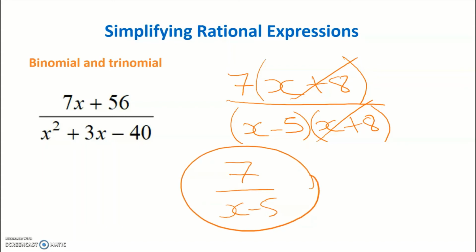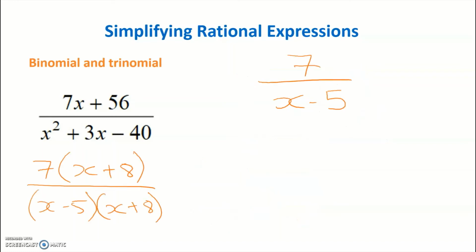However, we need to take into account the exceptions for x. Our denominator can never be 0. If we have a look over here, we still have an x plus 8 in the denominator, even though it's cancelled out. For this term to be 0, x would be negative 8. So therefore x cannot equal negative 8.